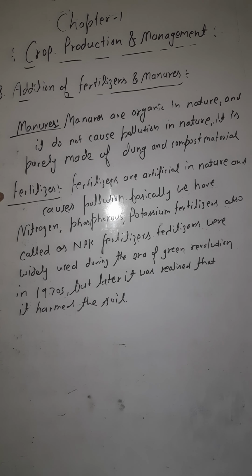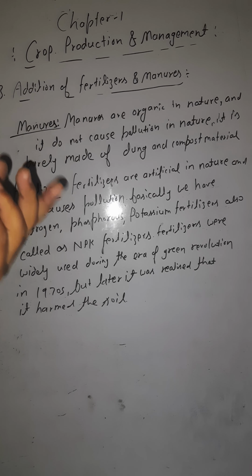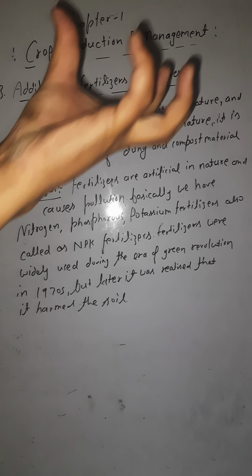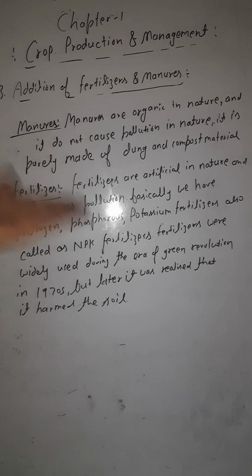But fertilizers give more nutrients than manures. Manures do not give a large amount of nutrients to the plant. The growth of the crop is more when you use fertilizers, because they provide more nutrients to the plants, but later they cause pollution also.